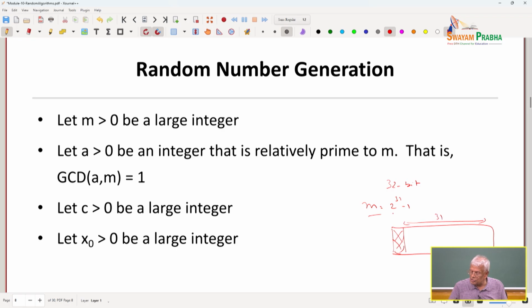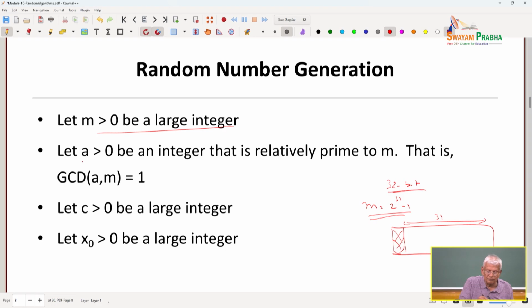The largest integer that can be represented where the length of the word is 32 bits is 2 to the power of 31 minus 1. So that's a lot. Generally m equals 2 to the power of 31 minus 1 in standard arithmetic on a standard machine with 4 bytes for the word.